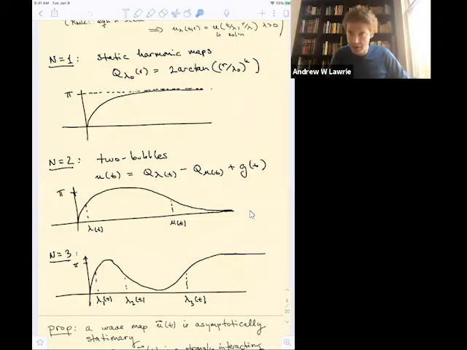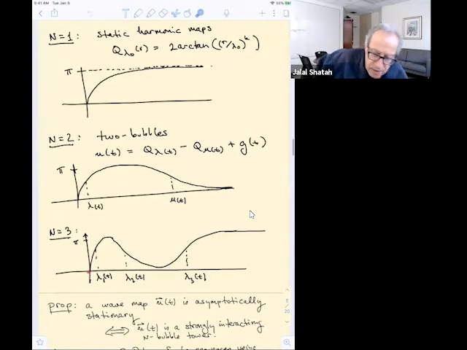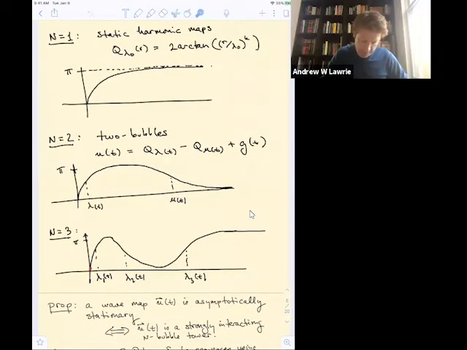What the polar angle looks like is a map that connects from the North Pole to the South Pole, and then unwraps again and goes back from the South Pole up to the North Pole. So this lump here is what a two bubble solution looks like. For three bubbles, I connect North Pole to South Pole to North Pole and back to South Pole again. You should think of it as the map itself wrapping, unwrapping, wrapping.